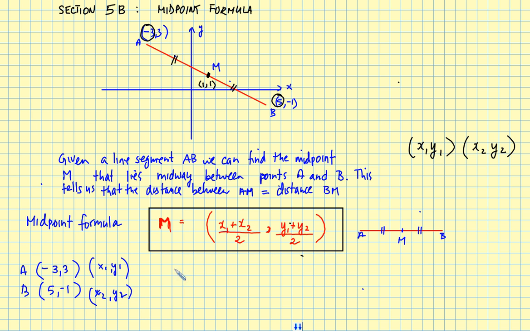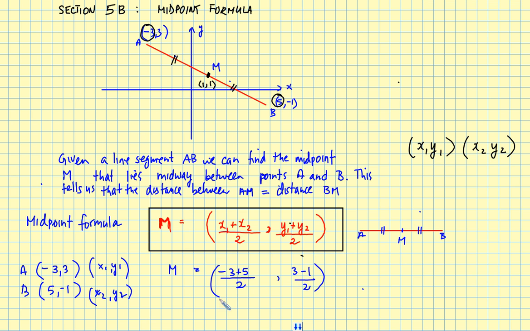So the midpoint is equal to: the x1 is -3 plus x2, which is 5, divided by 2, giving the x coordinate. Then y1, which is 3, plus y2, which is -1, so 3 minus 1, divided by 2.